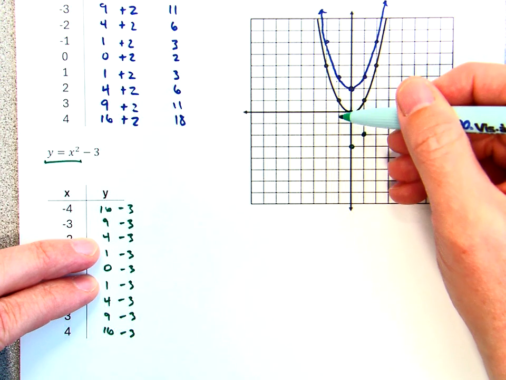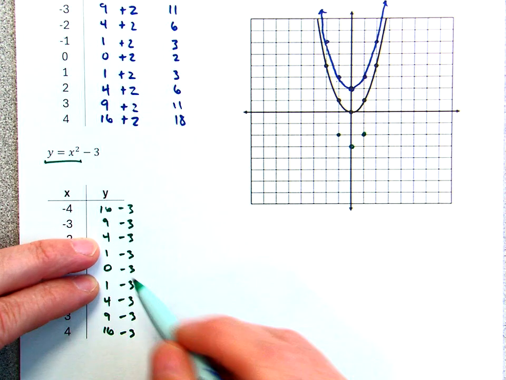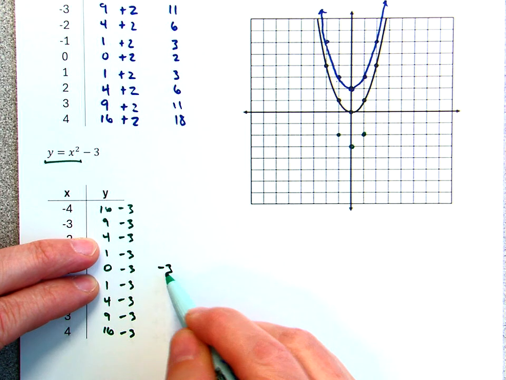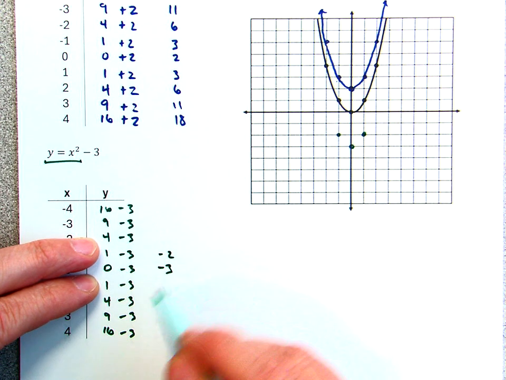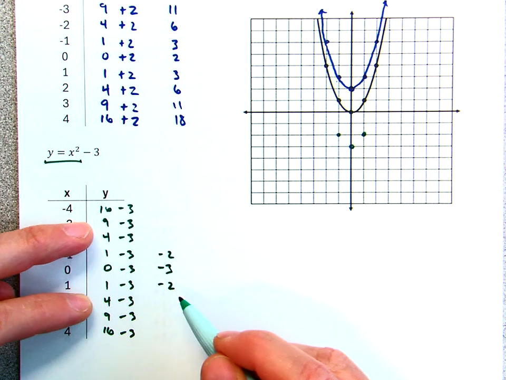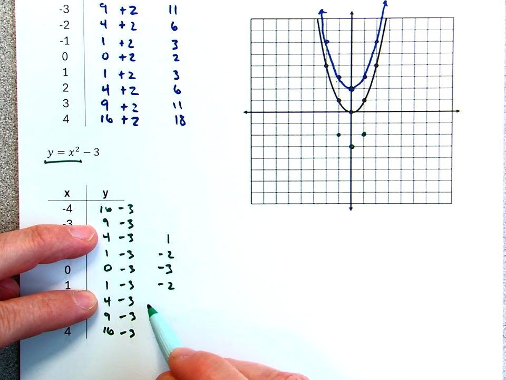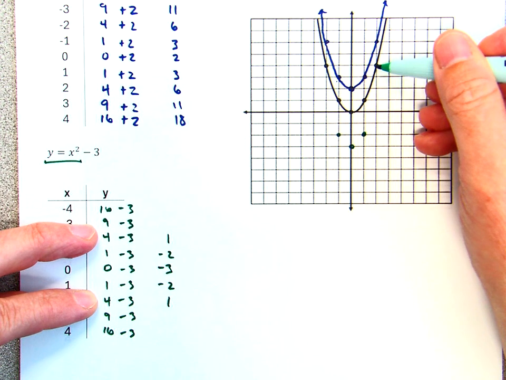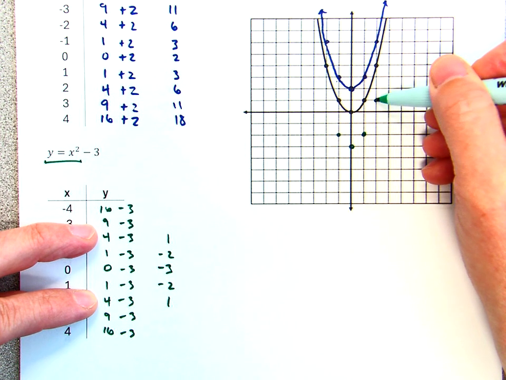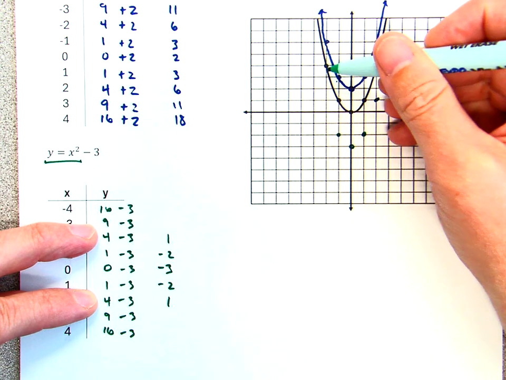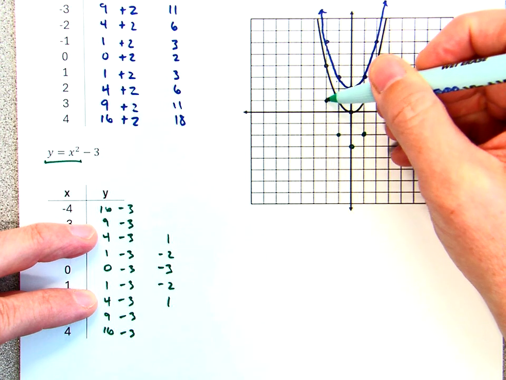The y value of negative 1 also goes down 3 units because 0 minus 3 is negative 3, 1 minus 3, right? 4 minus 3 puts us at 1, right?